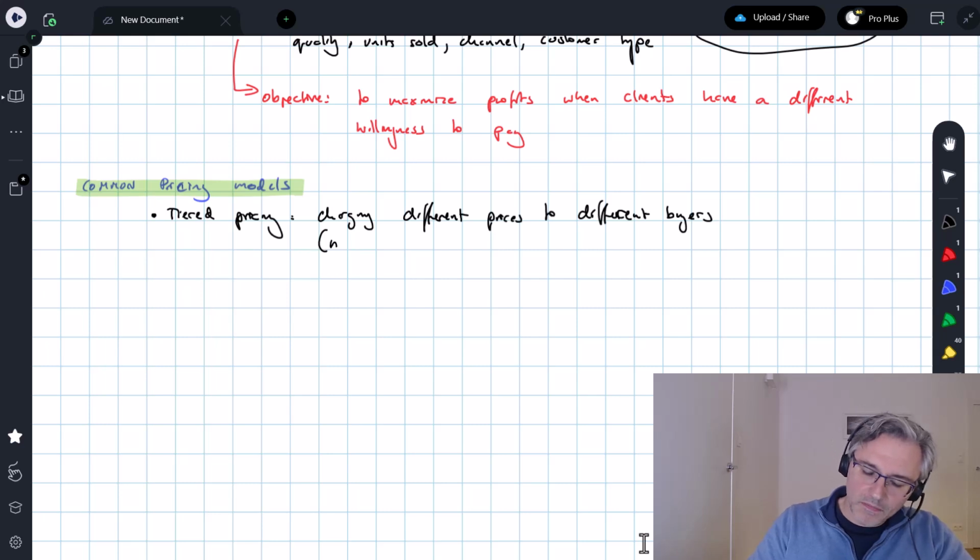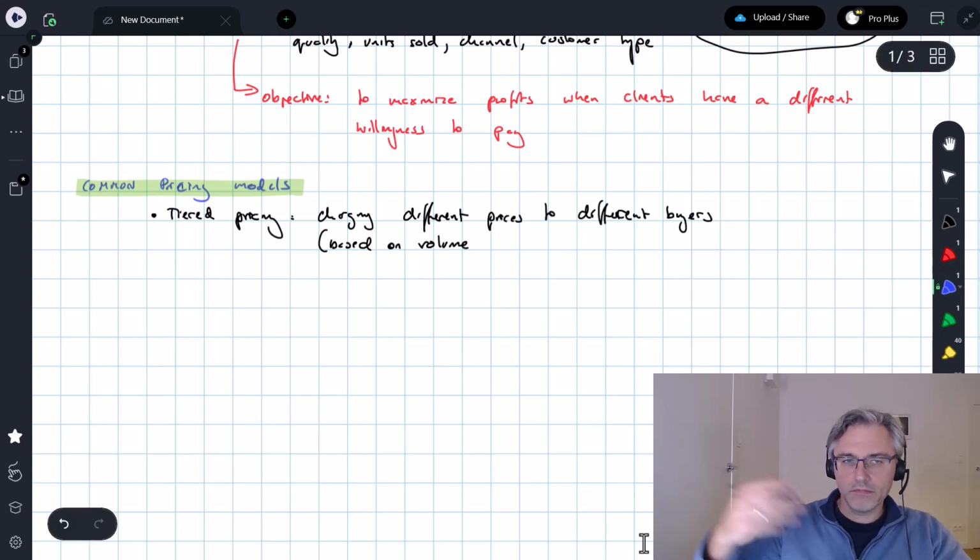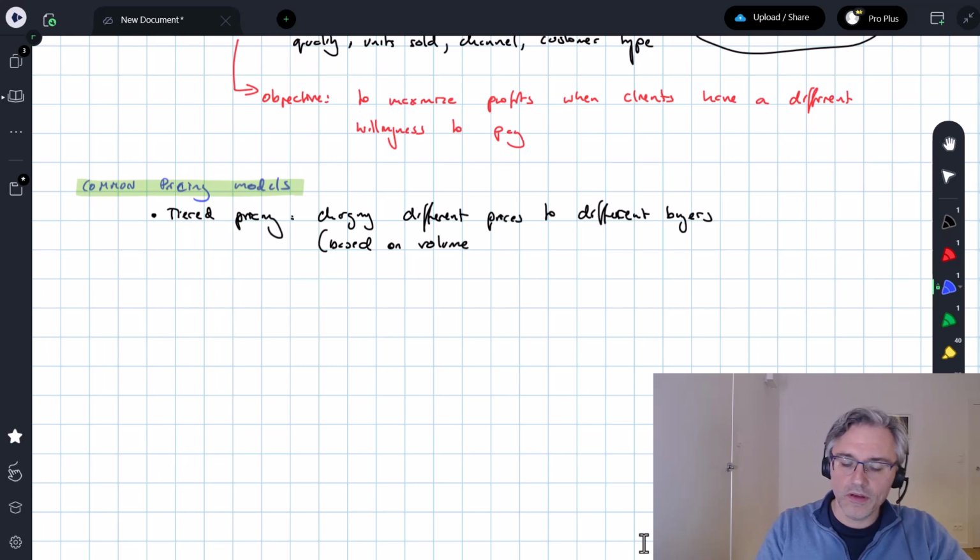This could be based on volume, how many units one is buying. Like I said, discounts for those who buy more. So it absolutely is an example of price discrimination.